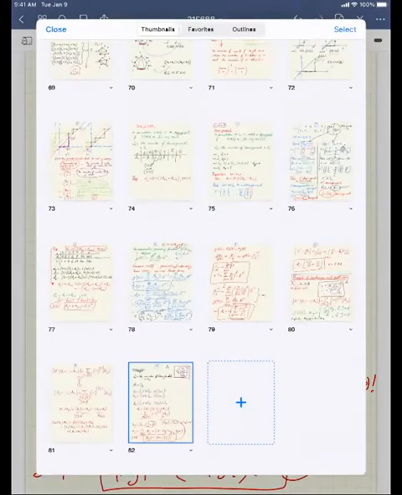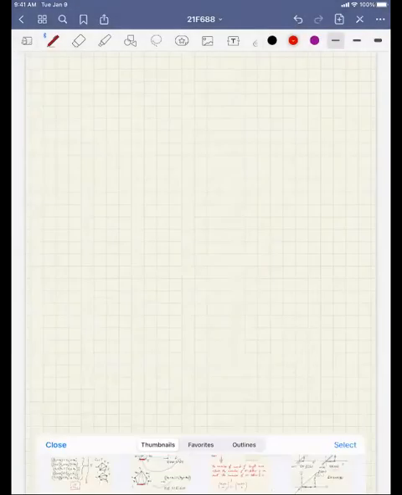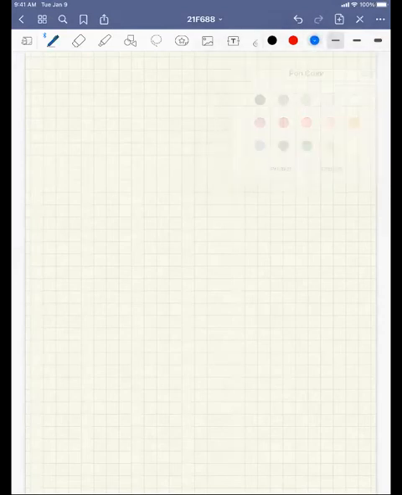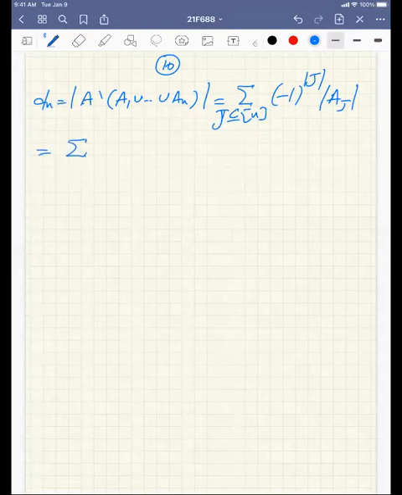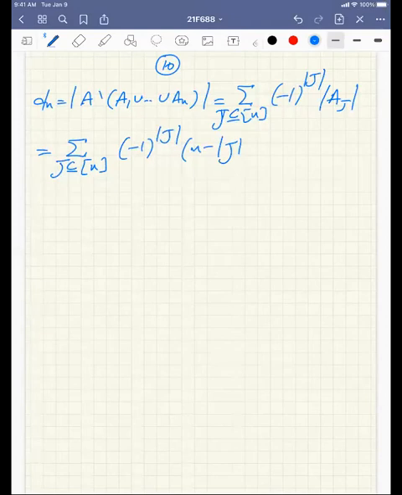What do we get? We're going to get the following. So let me write it this way: D_n is the cardinality of A minus the union of the A_j, which is the summation over all J of (-1) to the cardinality of J, times the cardinality of A_J, which is (n minus cardinality of J) factorial.